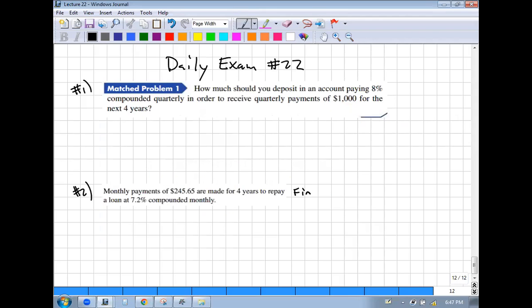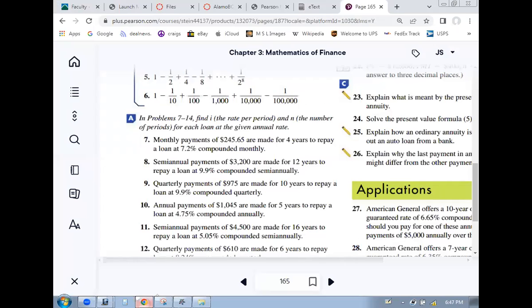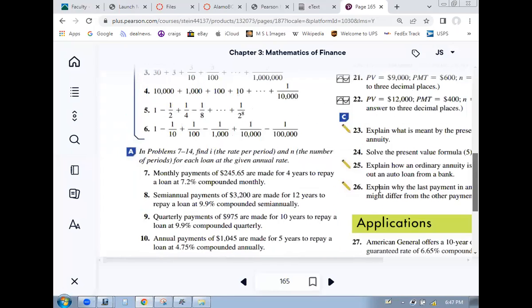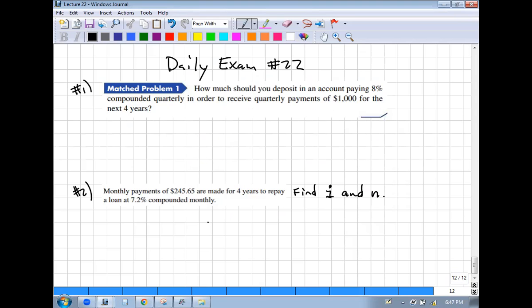I hope this is not one of those stupid graphing problems. Monthly payments are made. If this is one of those graphing ones, number two, if you have to graph to do it, don't do it. Well, I guess we'll figure it out first. I'm going to do it pretty much right now. So, all right, that's it for class.